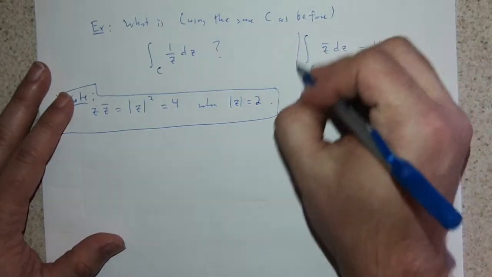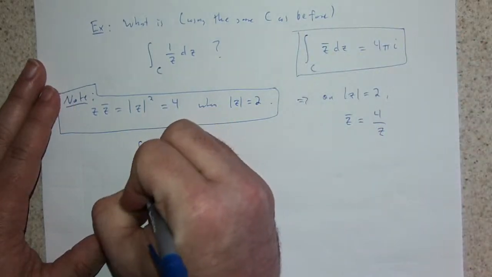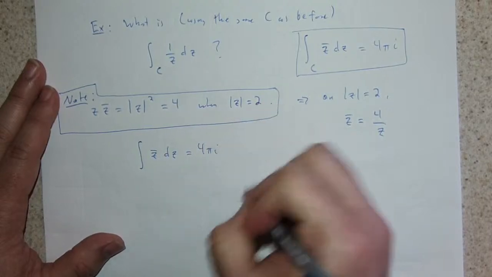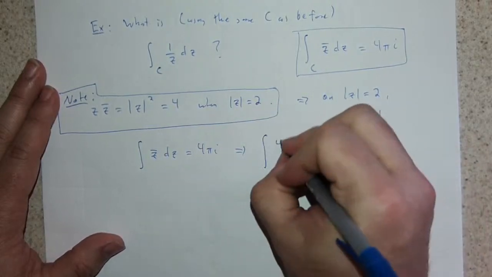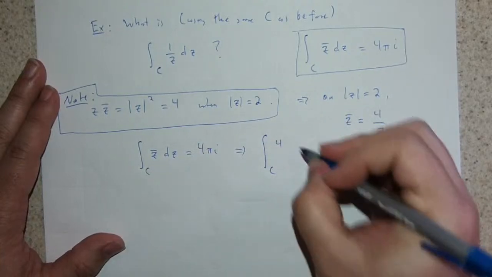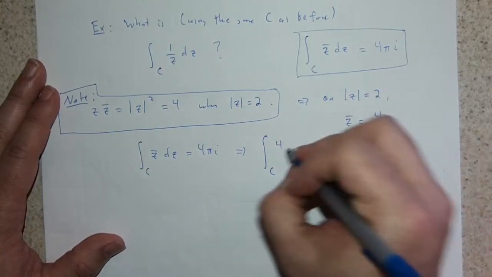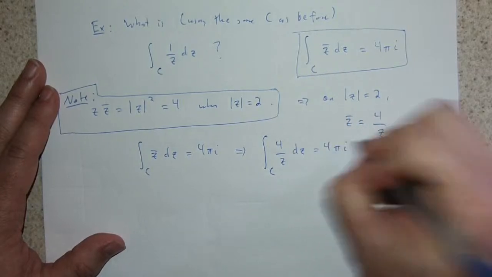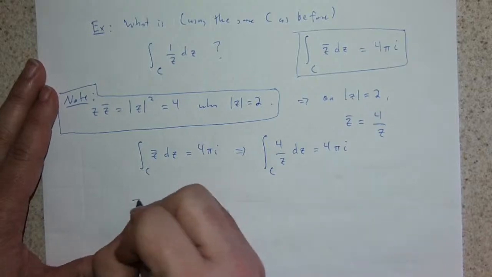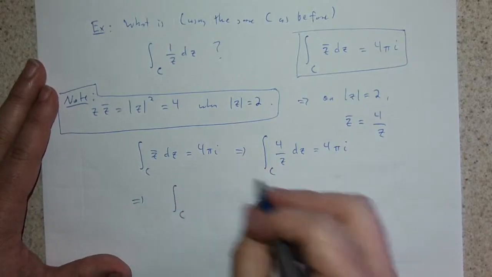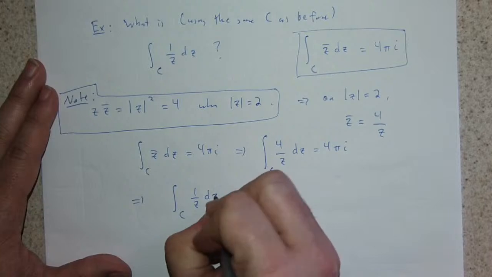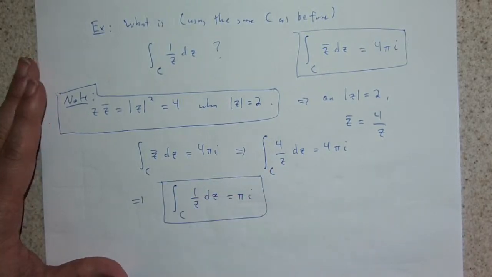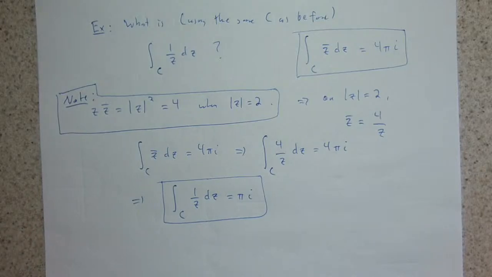And so, using this, the integral of Z bar dz is equal to 4 pi I. This means that the contour integral over C of 4 over Z dz is equal to 4 pi I. I can factor the 4 out and cancel it, so that the contour integral over C of 1 over Z dz is pi I. Okay.